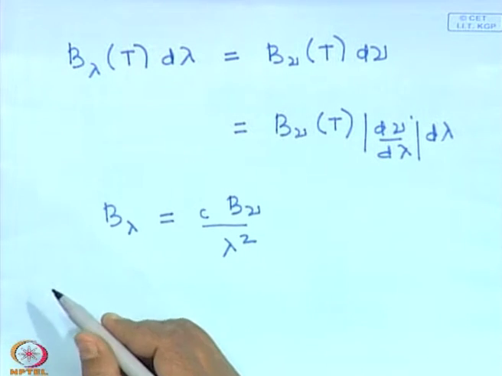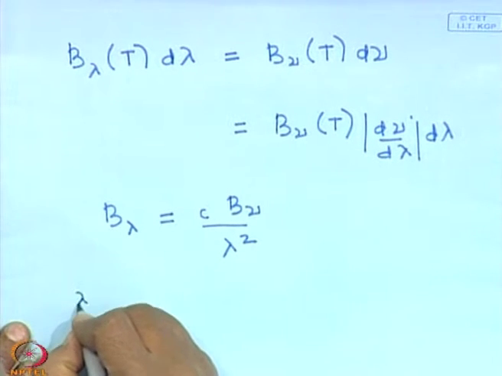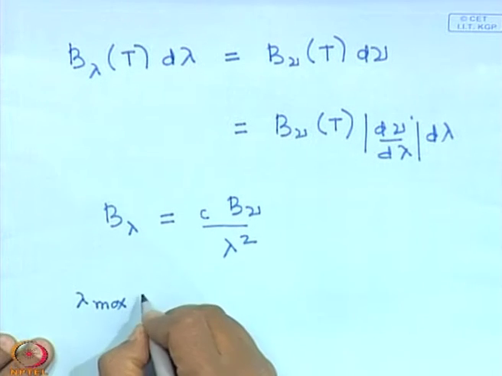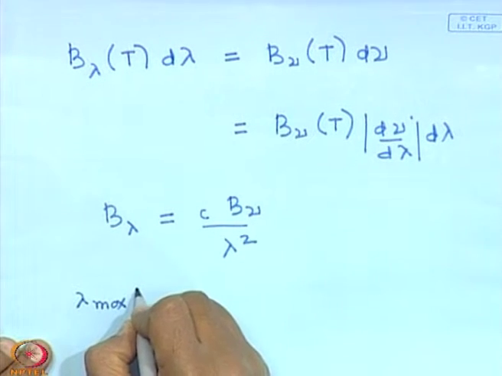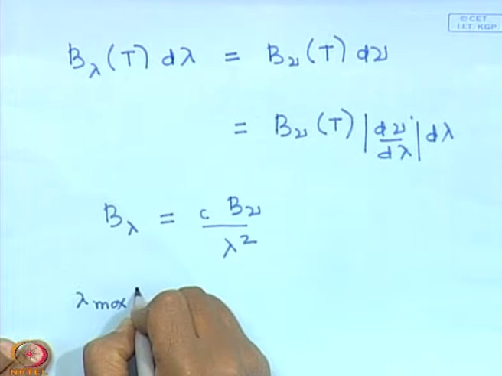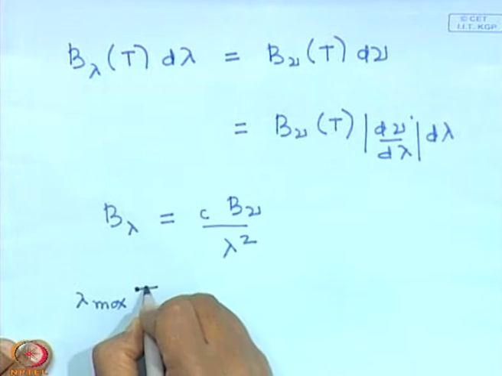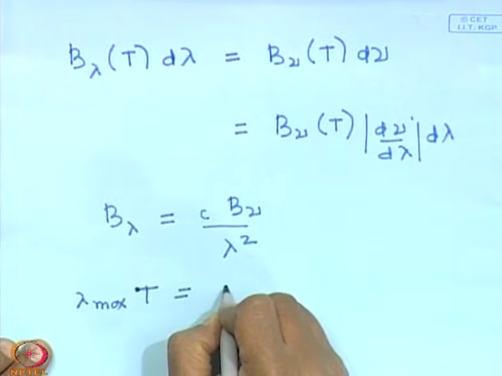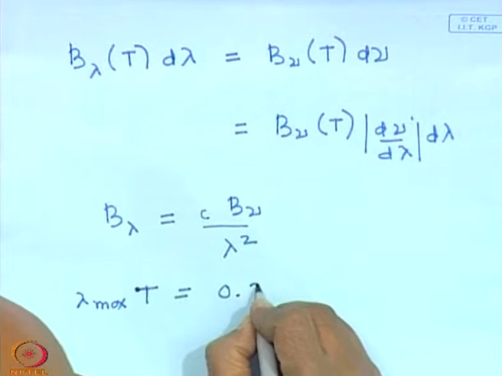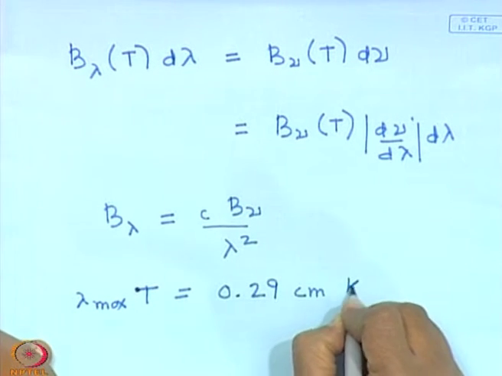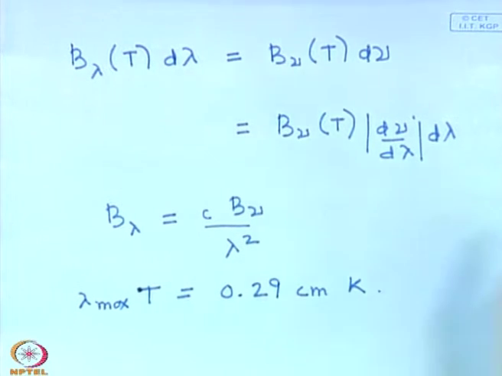Okay. So, you can differentiate this also with respect to lambda and set it equal to 0, and then you will get a relation that lambda max, that is the wavelength where B lambda is a maximum, times the temperature T is equal to 0.29 centimeter Kelvin. This is also known as the Wien displacement law.